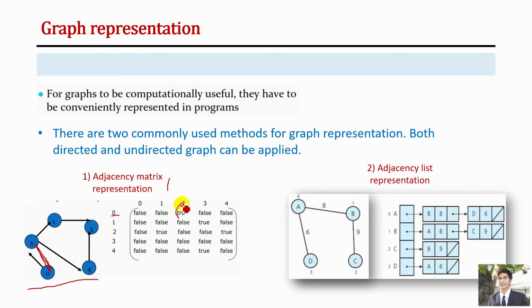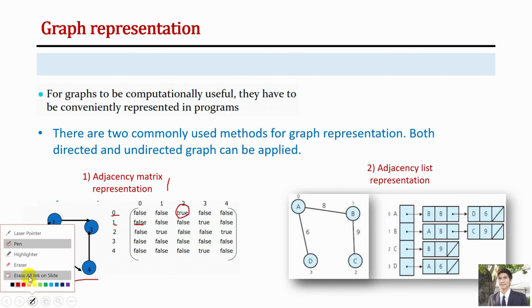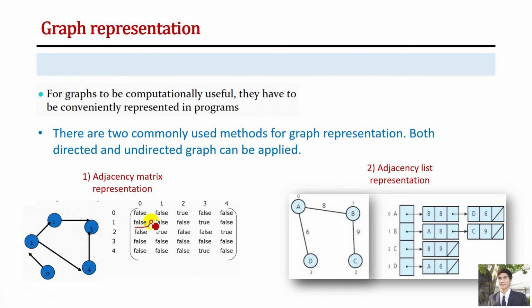Okay, it is true, because there is a relationship from vertex 0 to vertex number 2. And for another vertex, from 1 to 0, as we can see, there is no relationship at all, right? From vertex 1 to 0 here, there is no relationship. So the value for this is false. Sometimes we just put 0.